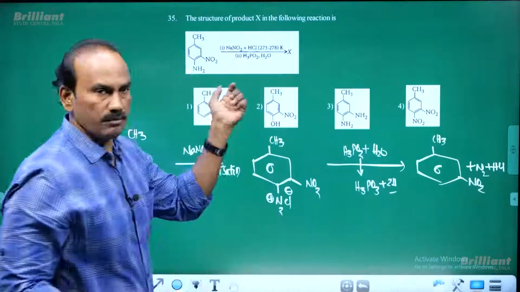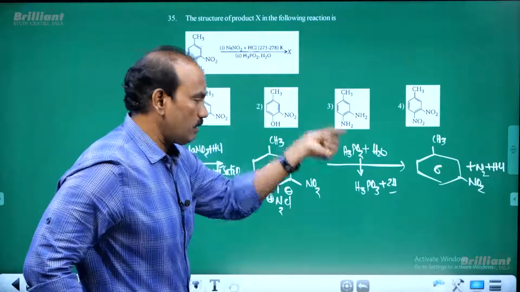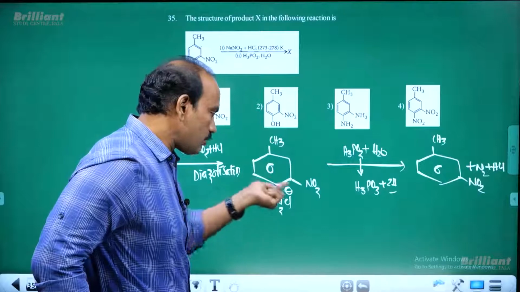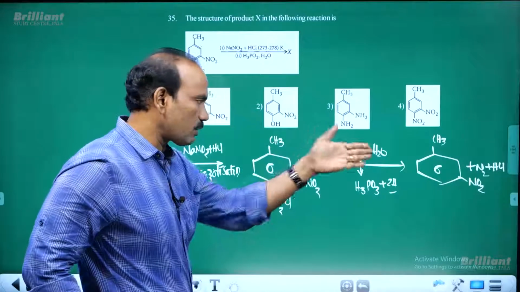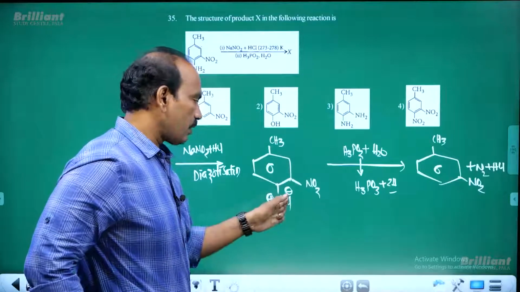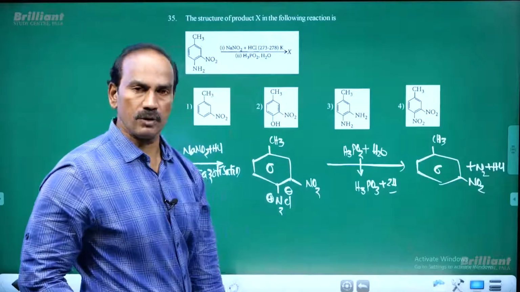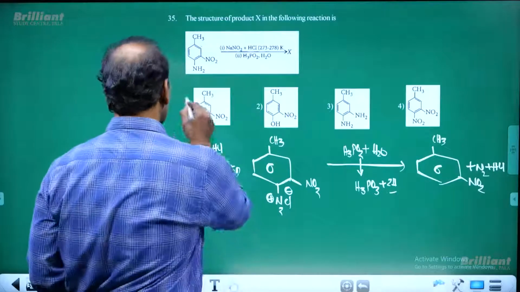This is a reduction. H3PO2 plus H2O is used for benzene diazonium chloride. This benzene diazonium chloride is replaced with hydrogen. N2 is removed as N2 gas. This Cl and hydrogen form HCl, one more hydrogen is added here. Okay, na? So answer is this one.